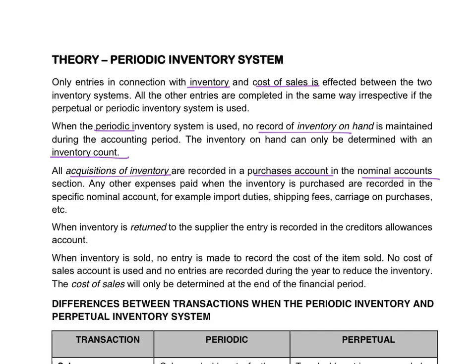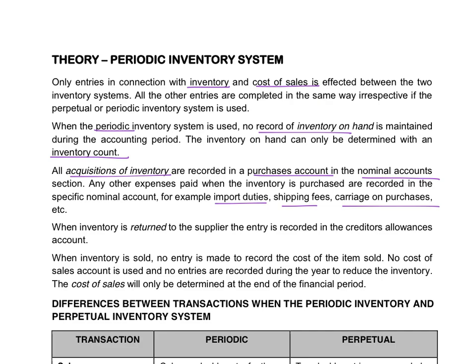Any other expenses when inventory is purchased is recorded in a nominal account. For example, you will open an account for import duties, shipping fees, carriage on purchases, etc. All these expenses will be recorded in the inventory account when you use the perpetual inventory system.